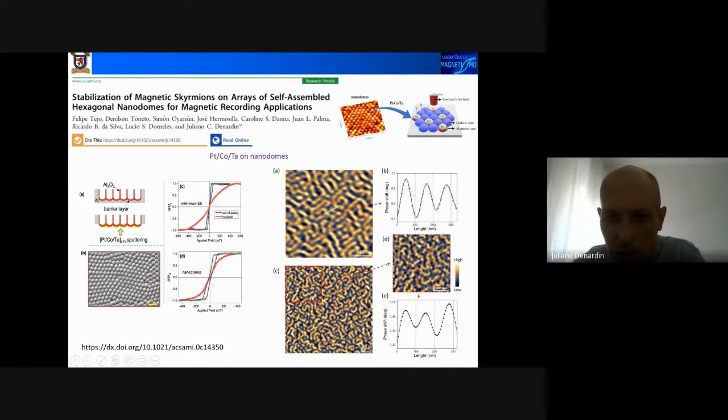In some parts, we can even see very small domains that are exactly the size of the nanodomes, 100 nanometers. They could be skyrmions or not, or could be chains of skyrmions on top of nanodomes. So this is true: we can also nucleate skyrmions on top of these nanodomes, as the theoretical works predicted.